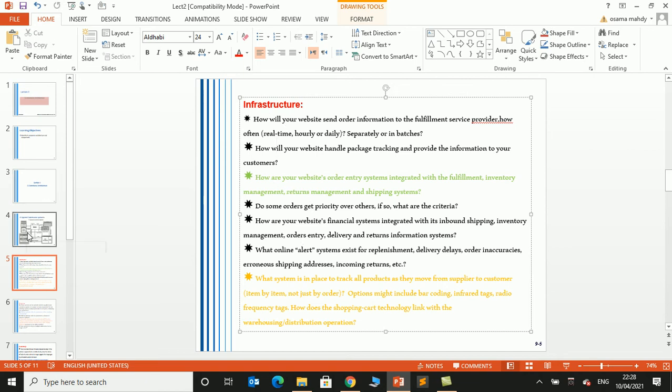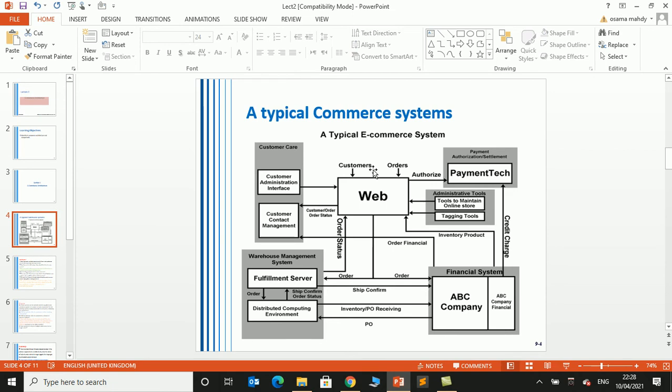Let's start with the infrastructure. The web server also should send order information to the fulfillment service.